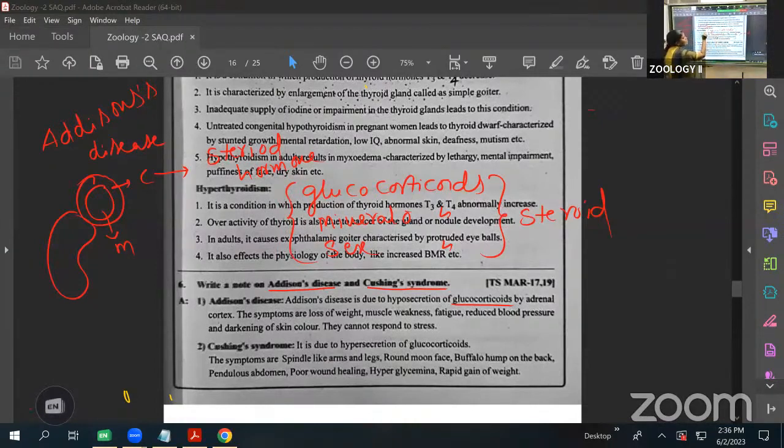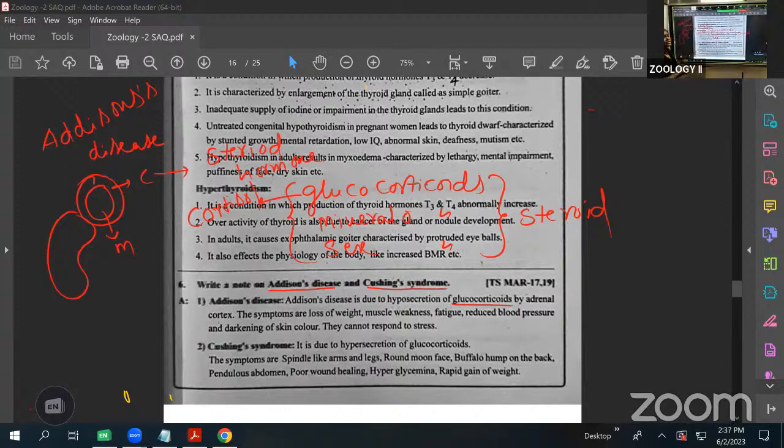For Addison's and Cushing syndrome, the glucocorticoids are important. The main glucocorticoid is cortisol. If the cortisol is produced less, it causes Addison's syndrome. If the cortisol activity is more, it causes Cushing syndrome, the same as hypo- and hyperthyroidism.